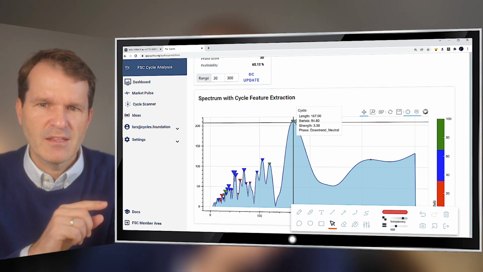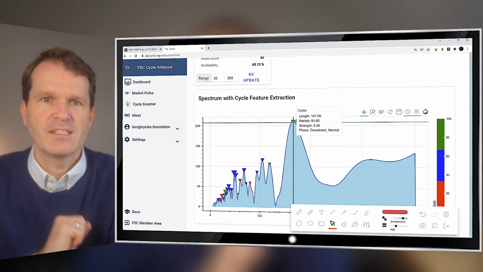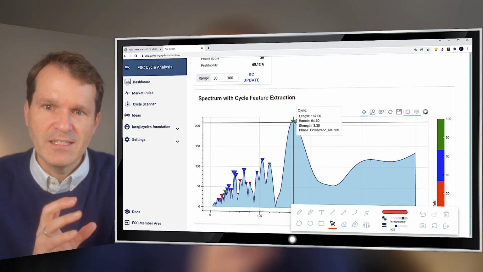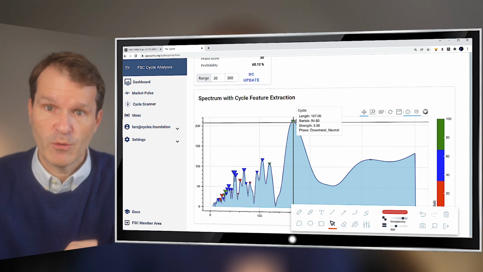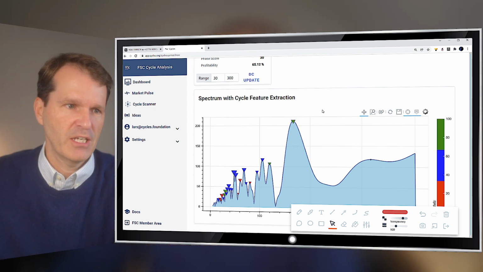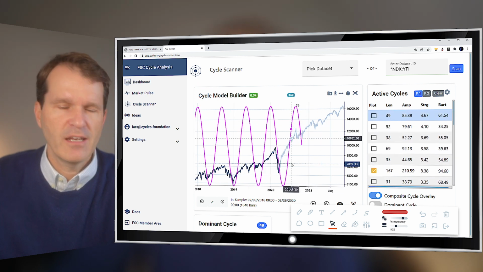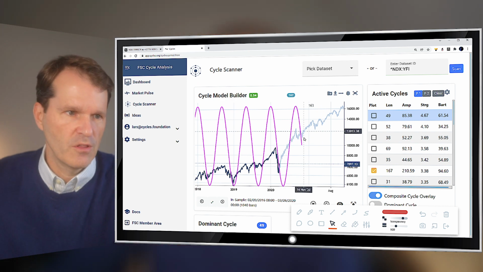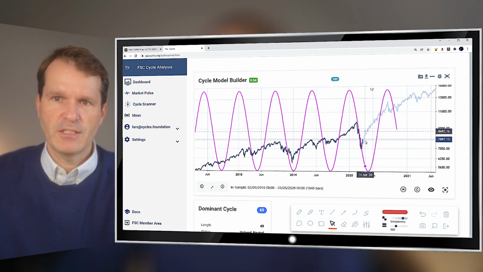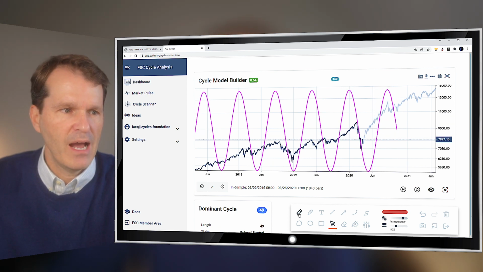In the past, this cycle helped very well to fine-tune major swings. But since the low of 2020, we didn't have major swings on the daily chart. We just have the strong uptrend. If you just look at the timing information, you would pick this cycle and then look out for further turns in the future, which I've just selected here. This is the cycle with a length of 169 days, and you can see that from the past it picked these key tops and bottoms very well.